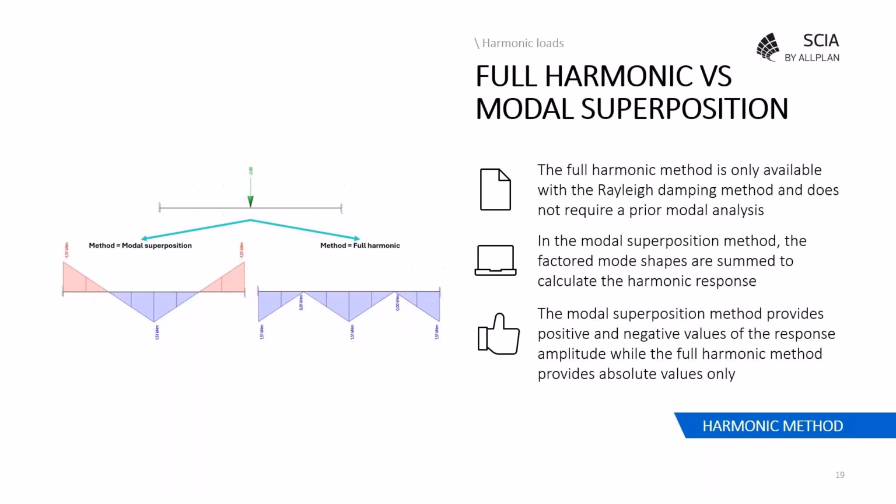The modal superposition method provides positive and negative values of the response amplitude, while the full harmonic method provides absolute values only. For example, on the beam shown here on the left side, you can see the moment distribution for a modal superposition method. You can see that negative moments appear on the supports, whereas for the full harmonic method, only positive values are shown everywhere.